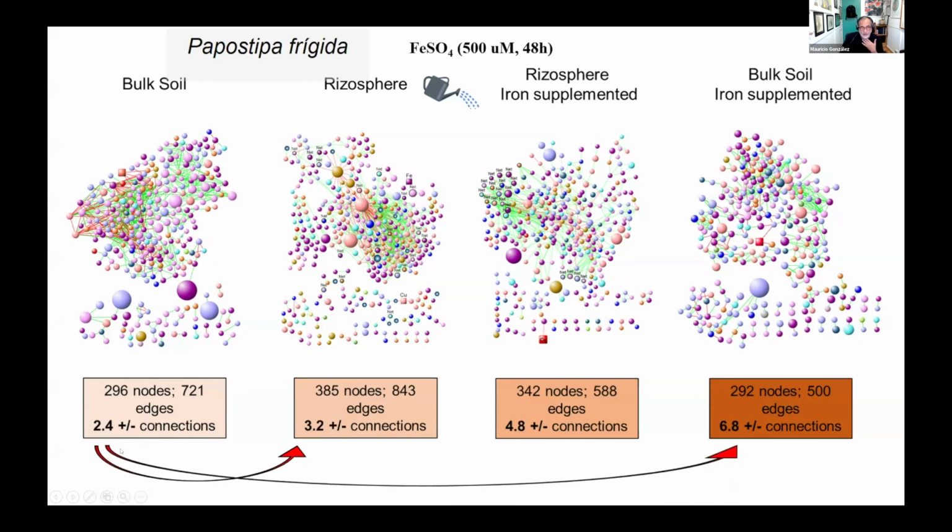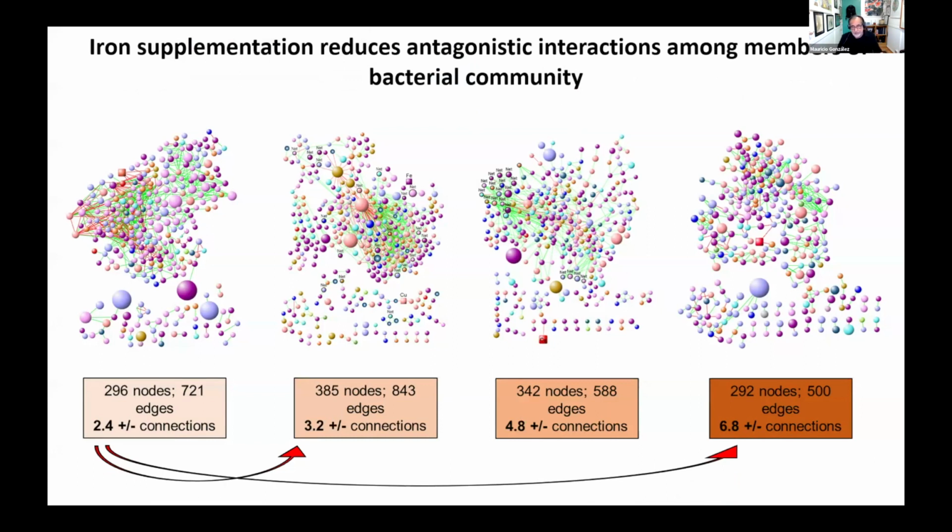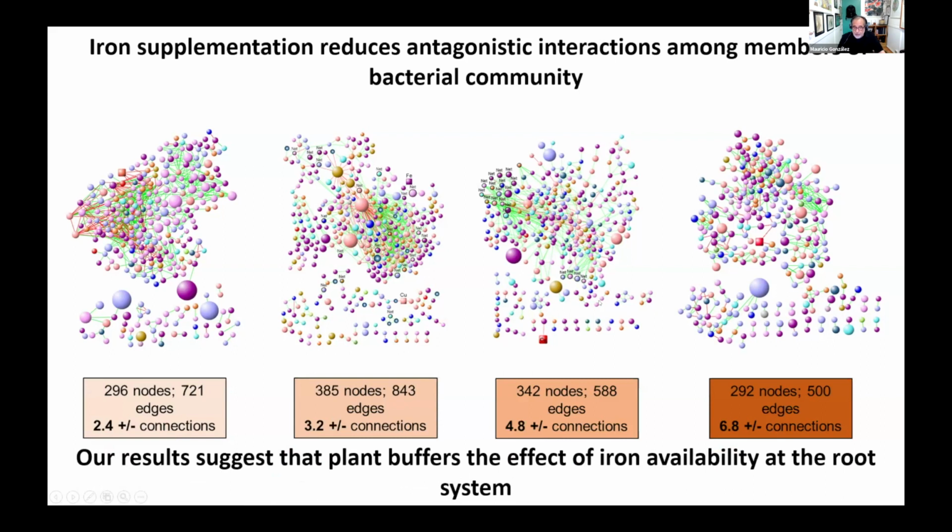In the bulk soil, we found the major change in this value, and the magnitude of the positive to negative connection ratio changed from 2.4 to 6.8. This result suggests that iron supplementation reduces antagonistic interaction among members of the bacterial community. And it suggests also that the plant buffers the effect of iron availability at the root system.